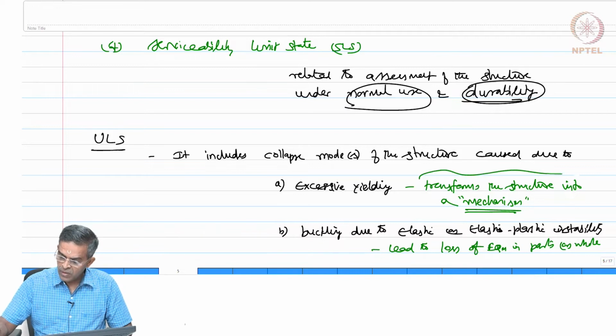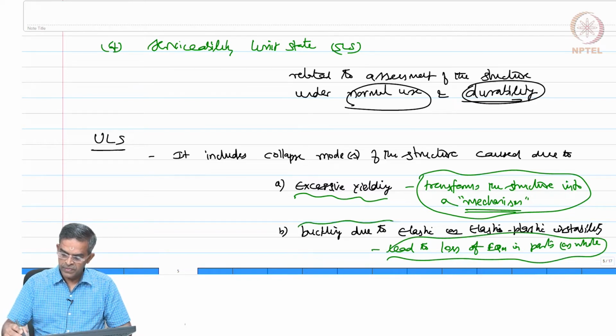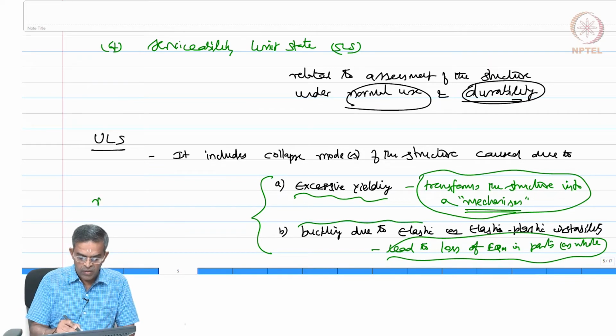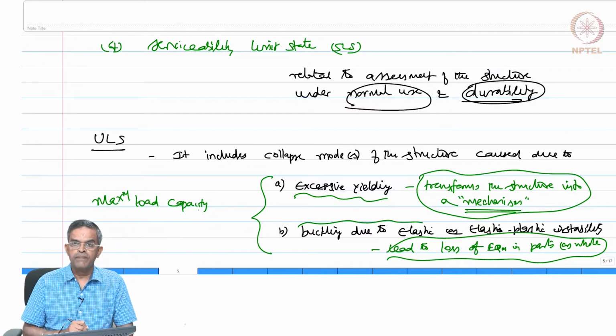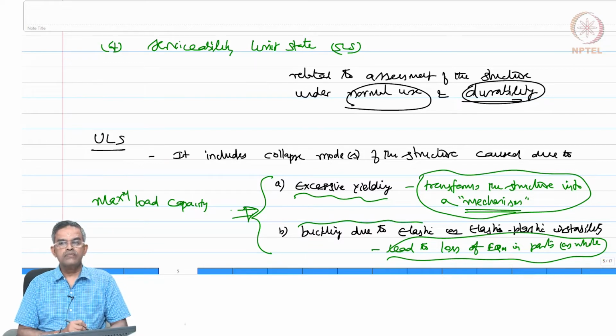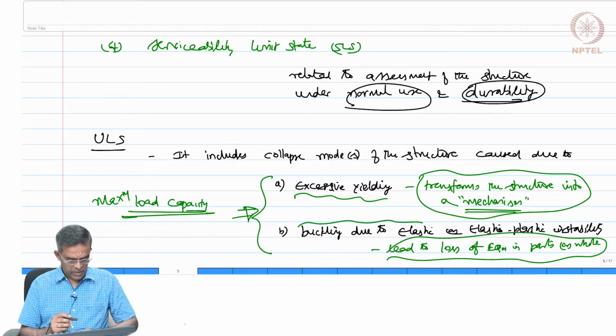So, these are all consequences of these collapse modes, and ultimate limit state takes care of these and addresses the capacity or the maximum load capacity of the structure when subjected to these collapse modes. So, ultimate limit state estimates load capacity. Let us have this clue with us. Okay.